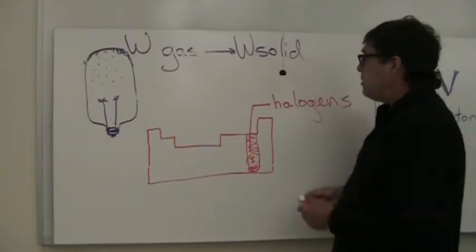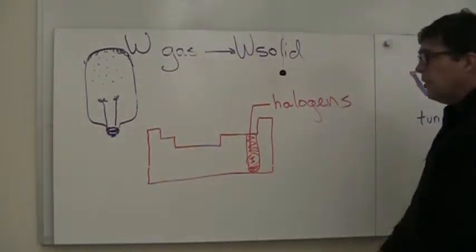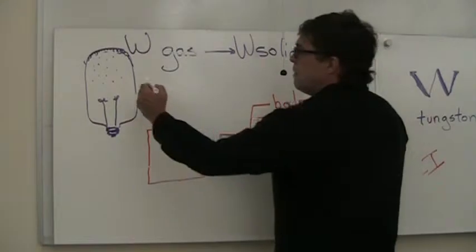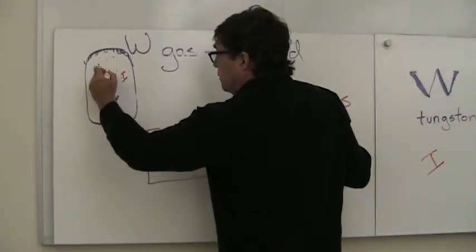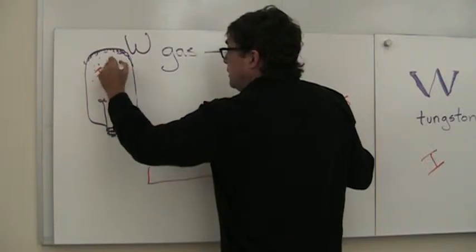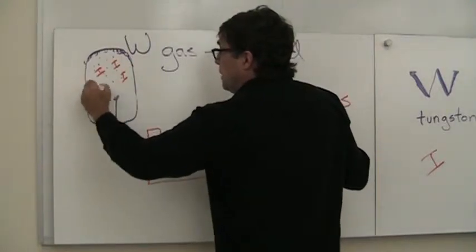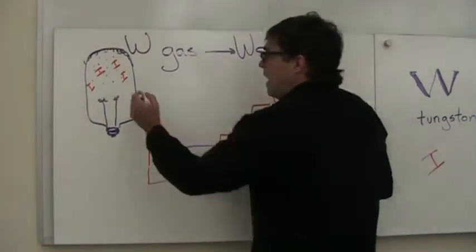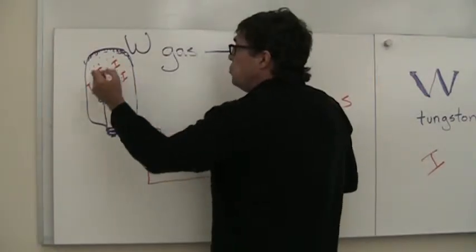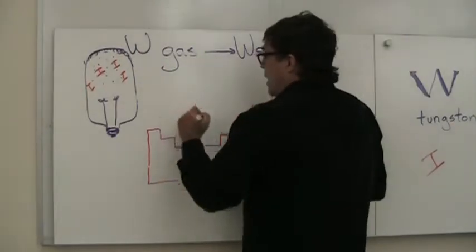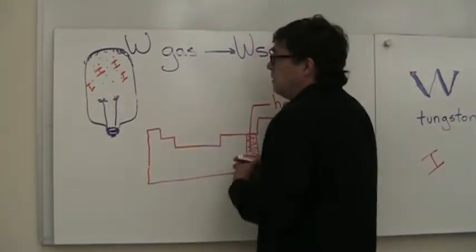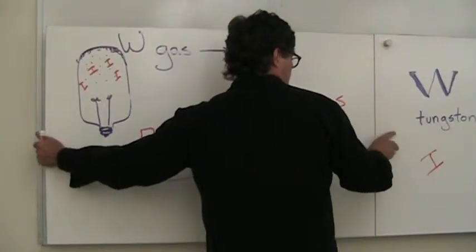Now, the halogens do something very interesting. If we have some halogens like iodine here in the light bulb, well, that iodine combines with the tungsten and makes a tungsten iodide compound.